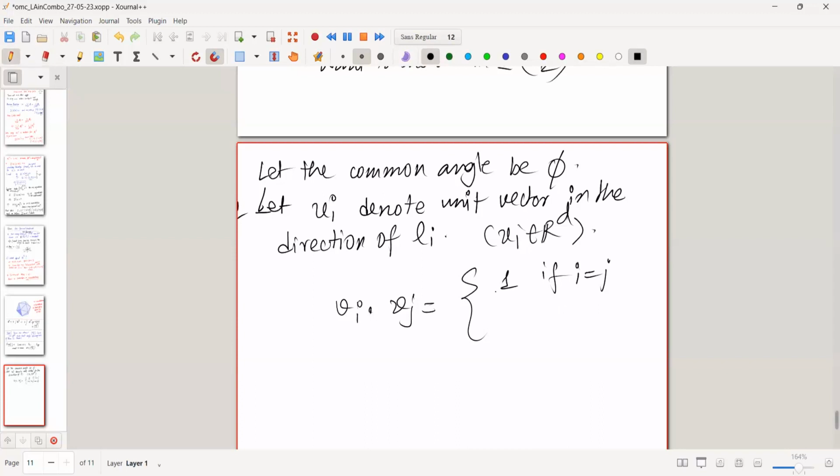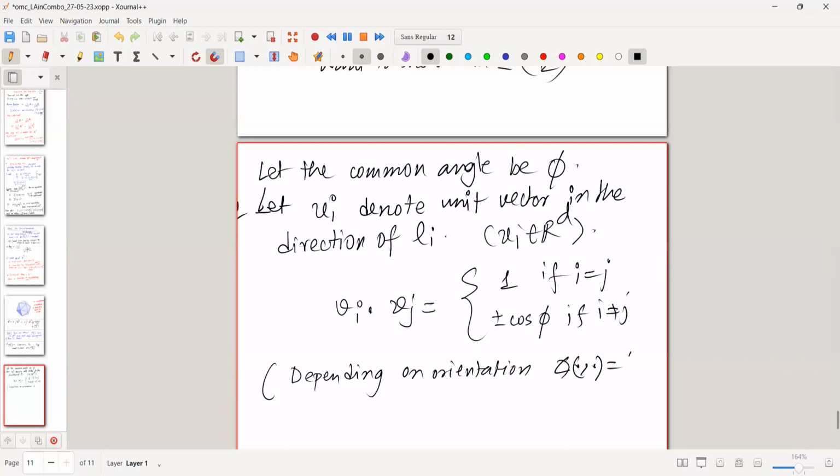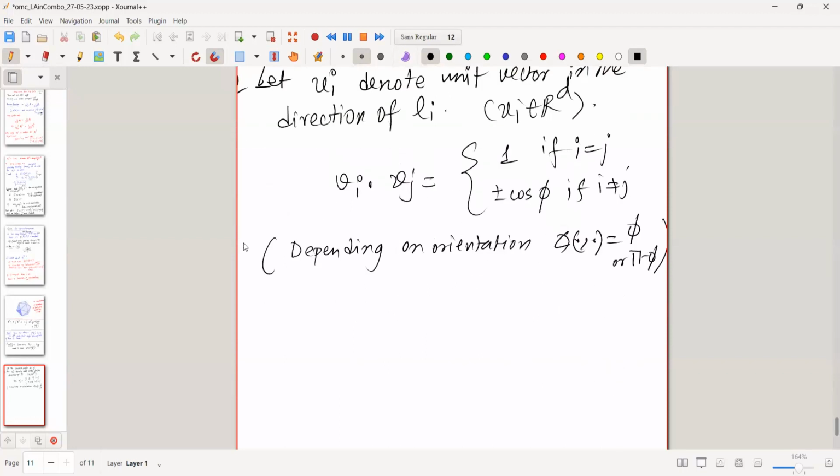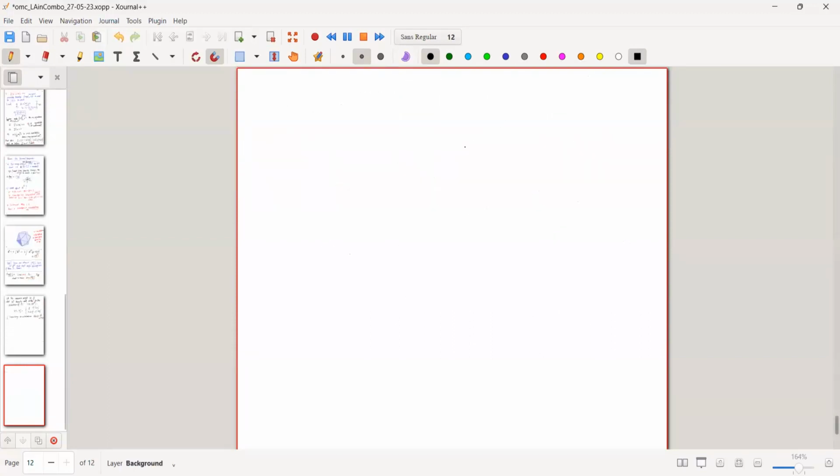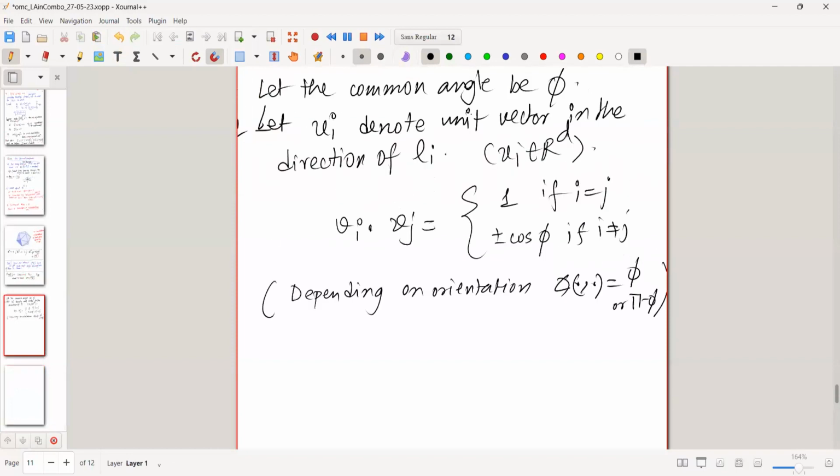Wait a second, sorry, that was wrong. The angle is phi or pi minus phi, so it's actually plus or minus cos of phi if i is not equal to j, depending on orientation. Cool.